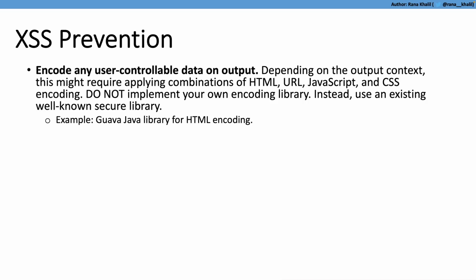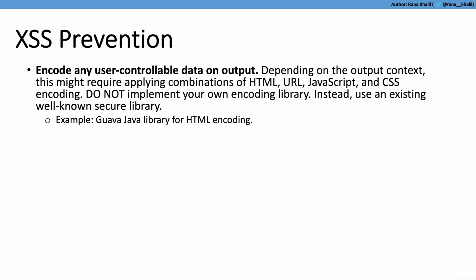So depending on the technologies that you're using, you may need to apply multiple combinations of different encoding schemes. Let's say you're inserting client-supplied input within HTML. Then you will need HTML encoding. Whereas if you're inserting client-supplied input within JavaScript, then you need JavaScript encoding.